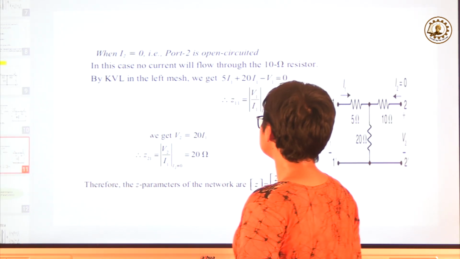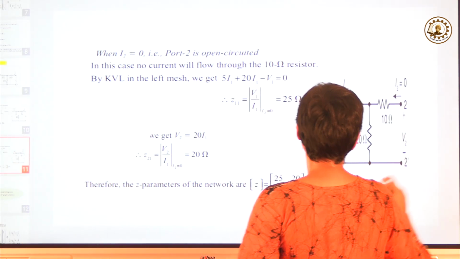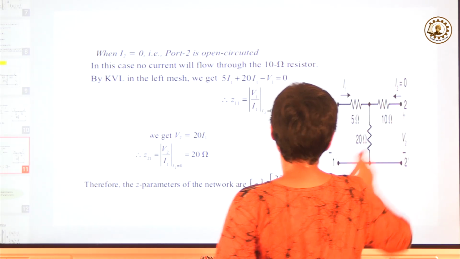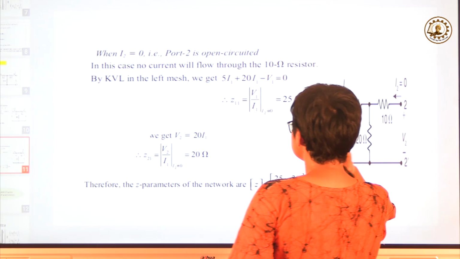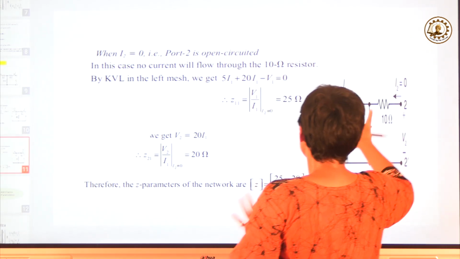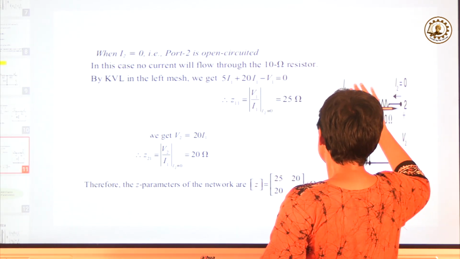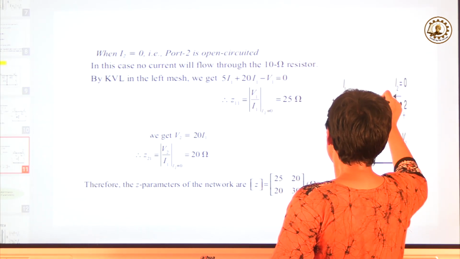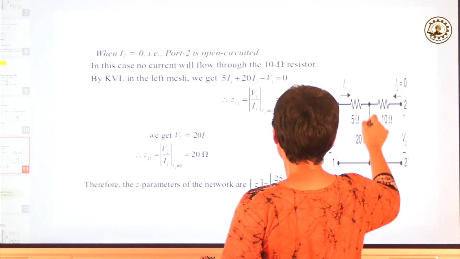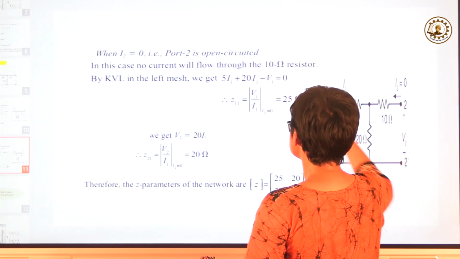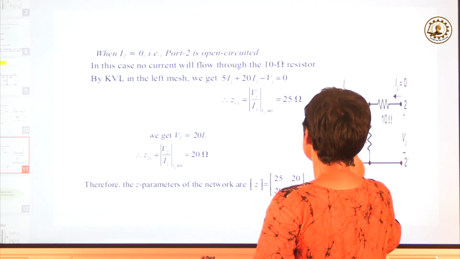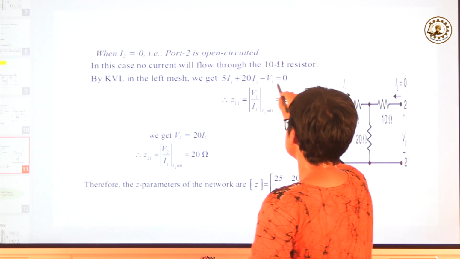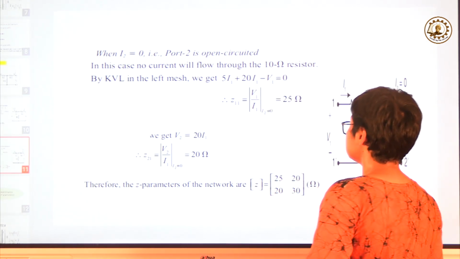Next we will make port 2 open circuited. Now if we make port 2 open circuited, it means I2 equals to 0. So no current will flow through the 10 ohm resistor. Now if we apply Kirchhoff's voltage law at port 1, what we will get is 5 I1 plus 20 (I1 plus I2), since I2 equals to 0, so 5 I1 plus 20 I1, and the direction of voltage is minus to plus, so minus V1 equals to 0.